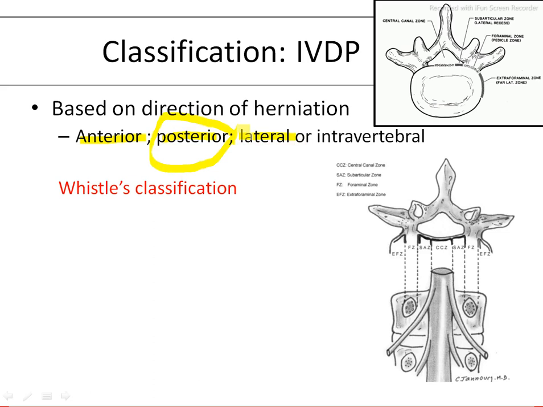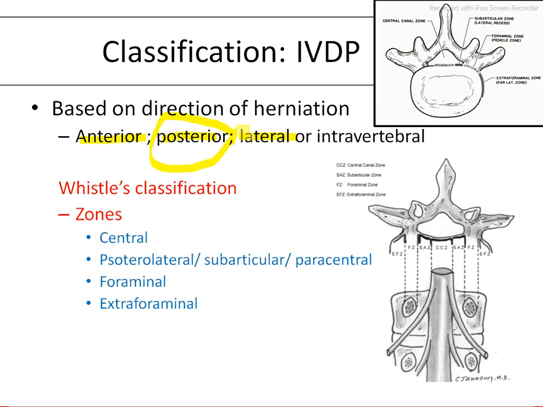And there is the Wiltse classification, which classifies the posterior herniations into different zones and different levels. Let us first discuss the zones. So basically there are 4 zones. These are central, paracentral, foraminal and extraforaminal.